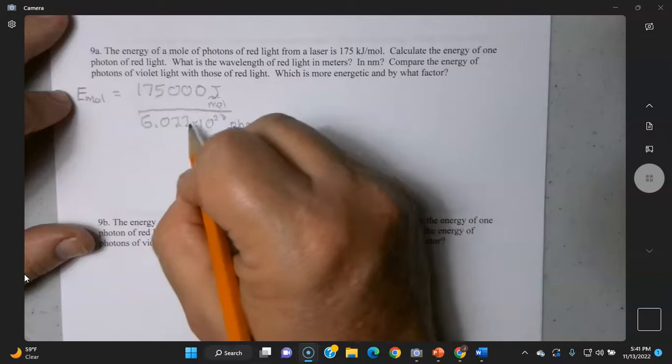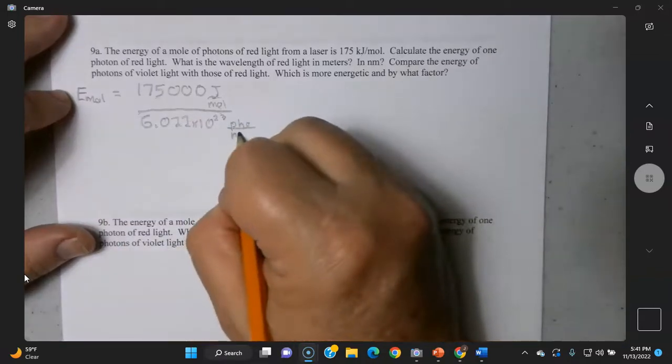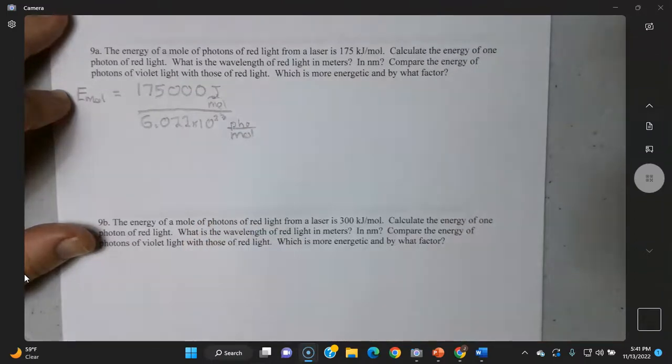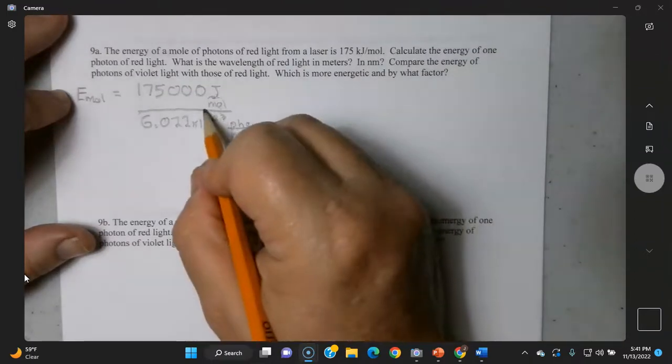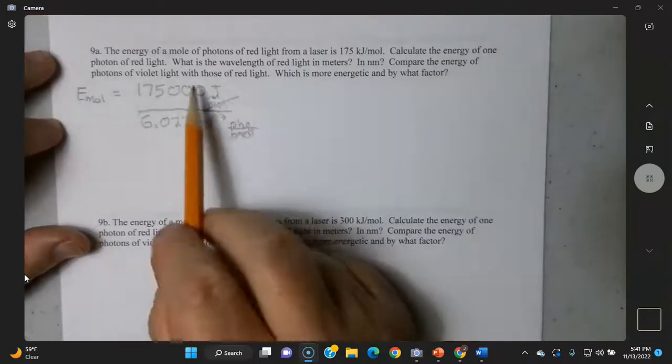Again, that number is true of anything per mole. That's what a mole is defined as, but we're interested in photons here. So mole in the numerator and mole in the denominator cancel, and you end up with joules per photon. That's what they're asking for.